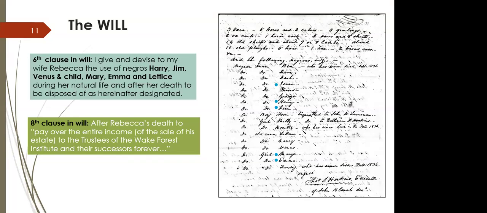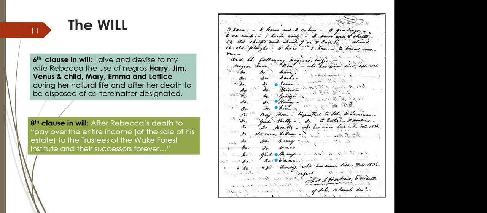And out of the 7, only the 5 that you see with the blue dots are part of the Wake Forest 16 in 1860. Now, this is not really about Joseph, but I just want to let you know that we only have 5 out of these 17 that are part of the estate that are sold in 1860.